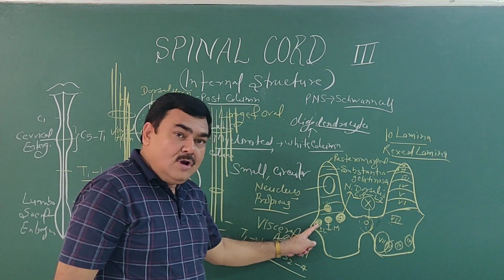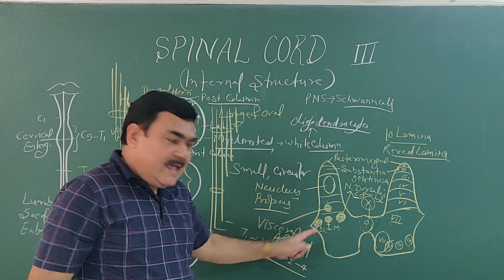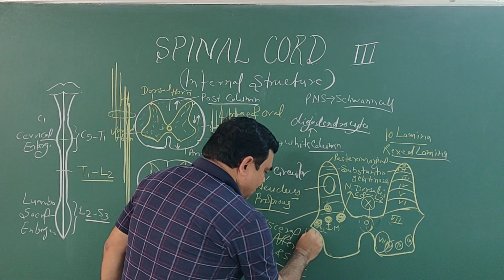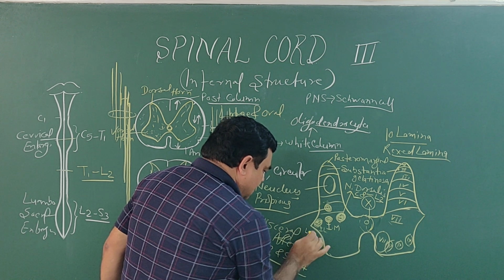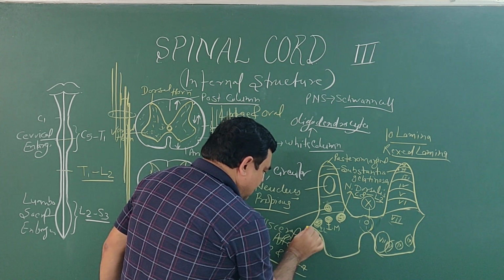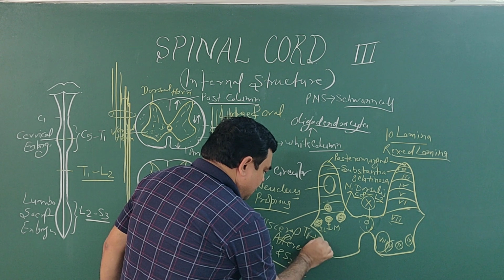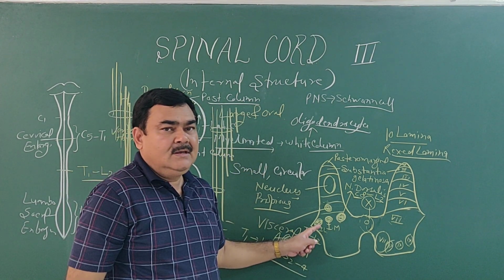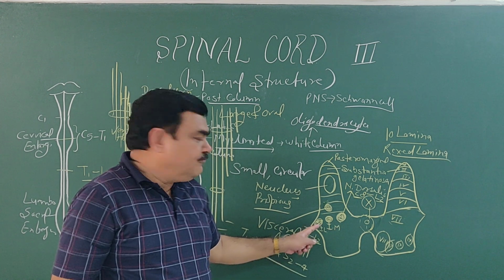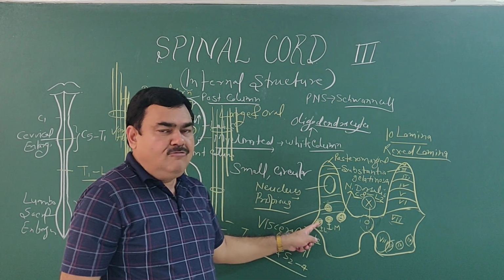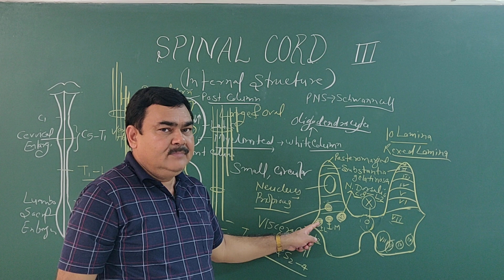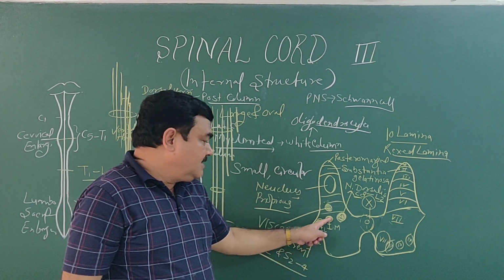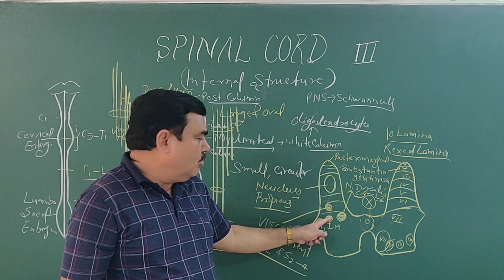This intermediolateral extends from T1 to L2 segment and forms the sympathetic outflow. This is the sympathetic outflow from T1 to L2 spinal segment, and this is for the parasympathetic outflow.